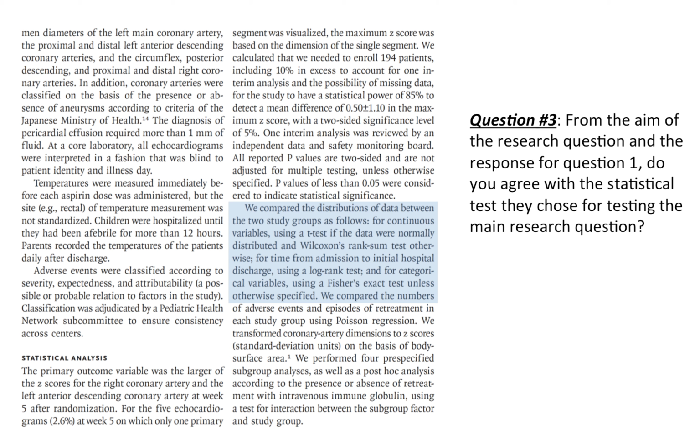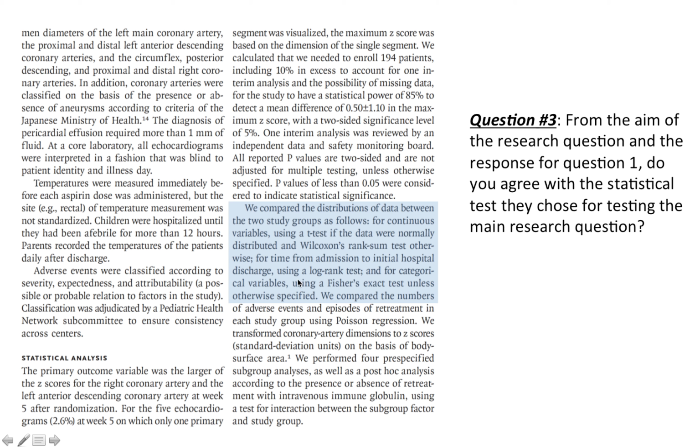And for the first primary outcome, which was measuring the sizes of the coronary arteries, we said it's a continuous variable. So for categorical independent variable and continuous dependent variable, t-test is of course the best option, and I would have done the same thing if of course data is normally distributed and you can meet the assumptions for the t-test. Otherwise, authors were ready to do Wilcoxon in case they couldn't meet the assumption for t-test.